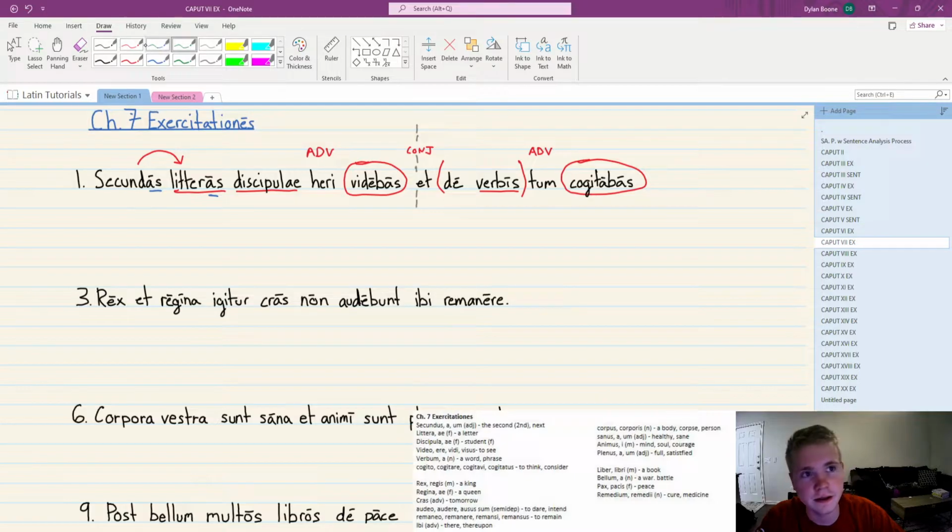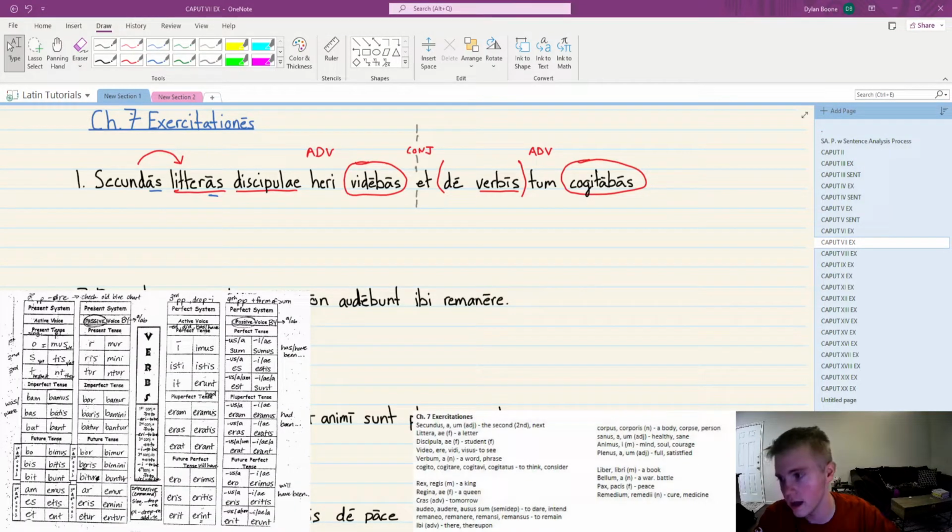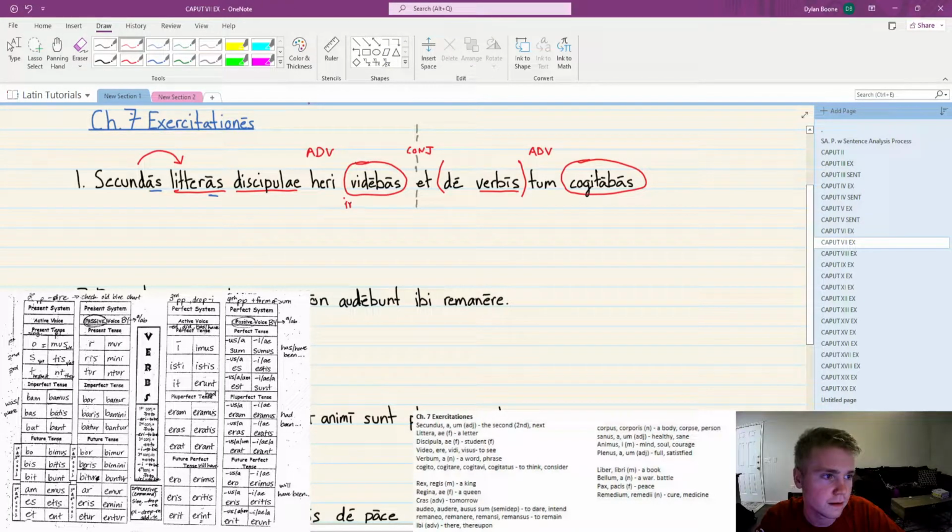So if you look at your verb chart, whichever one you have, for me, in the middle left section, you'll see that if you drop the re and add bas, you find yourself in imperfect tense. Imperfect tense. And bas, if we lined it up there, gets us second person singular.